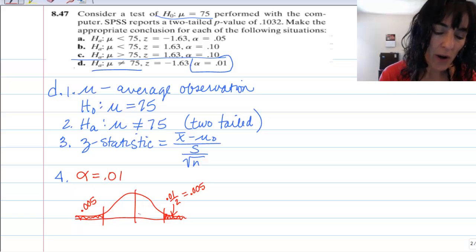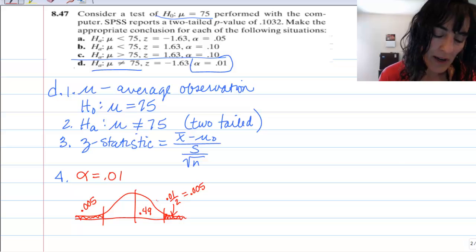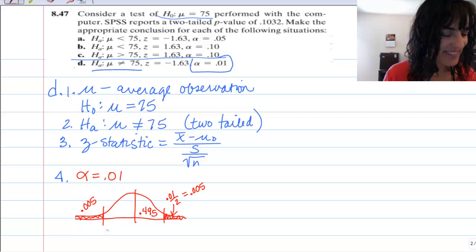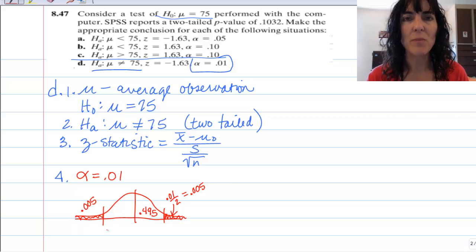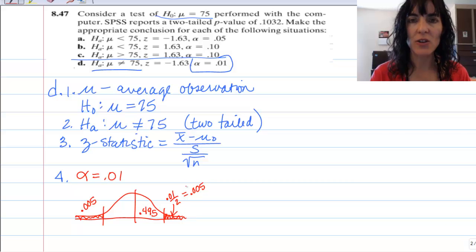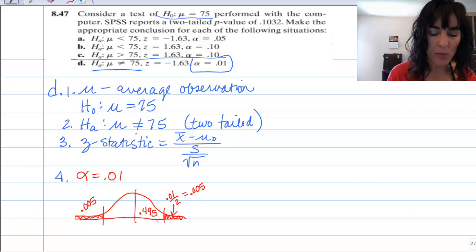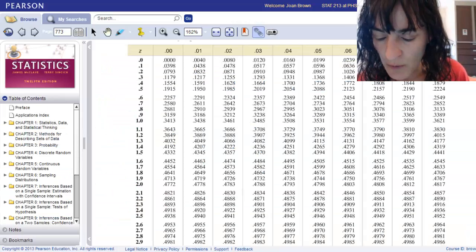I need to figure out, this is going to be 0.495, I believe. Yeah, 0.495. So you just do 0.5 minus the right hand side, and you get the area for the big side, the big chunk there. So I want to look up that 0.495, 0.492, 0.494.